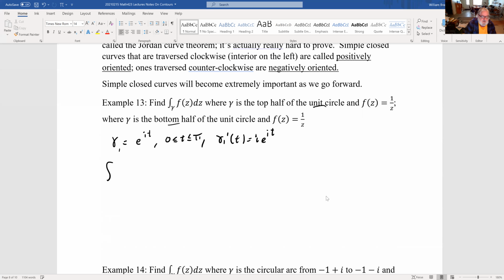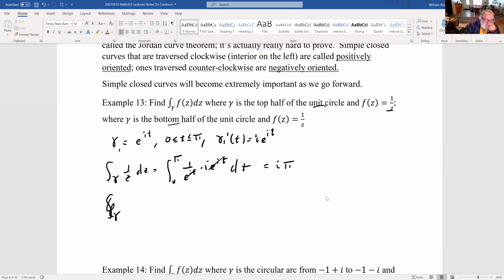So the integral around gamma 1 of 1 over z dz means you go from 0 to pi, 1 over e to the it, so we can plug that in. And then times the derivative, which is i e to the it dt. Convenient thing here is these two cancel out, and we get i pi as an answer.